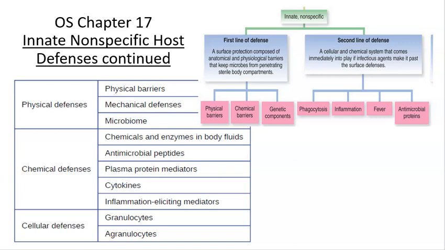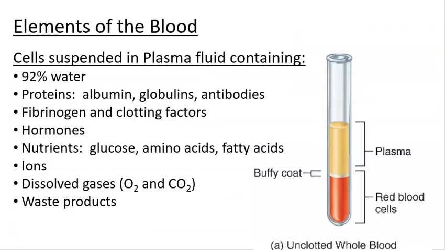And if we take a look in your blood here, first off, and look at some of the elements that we find in blood. This is just a cartoon showing what happens if you take a blood sample and spin it in a centrifuge. And you're going to get your separation into these three different distinct phases.